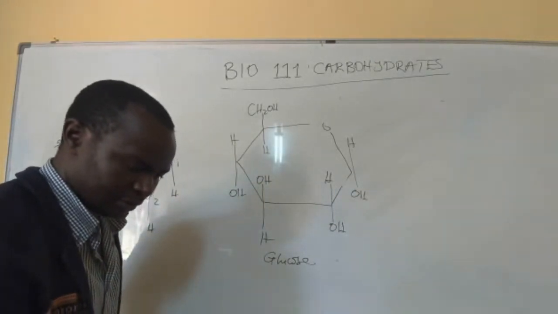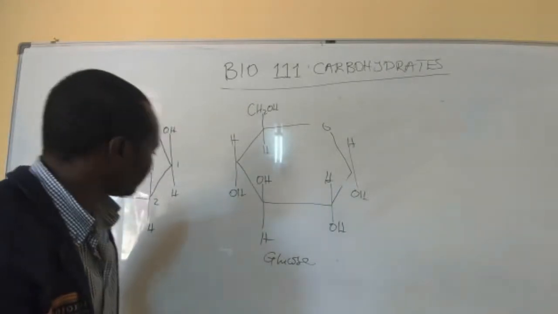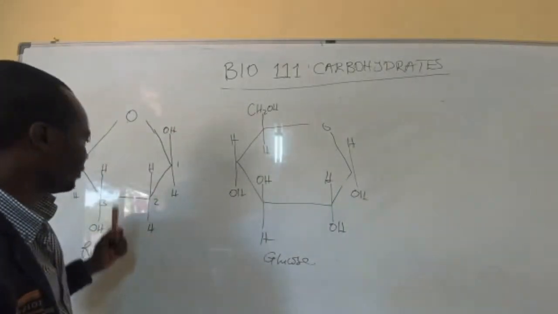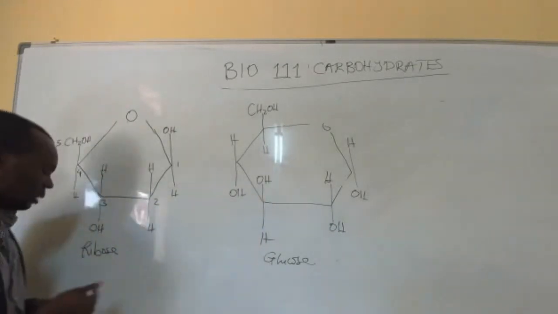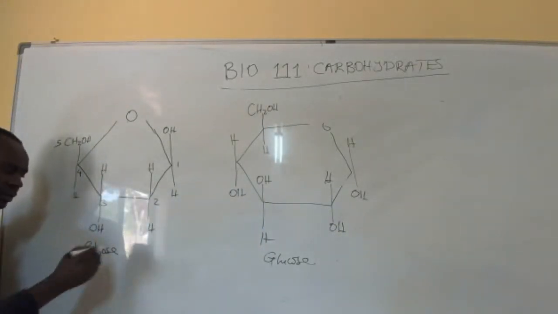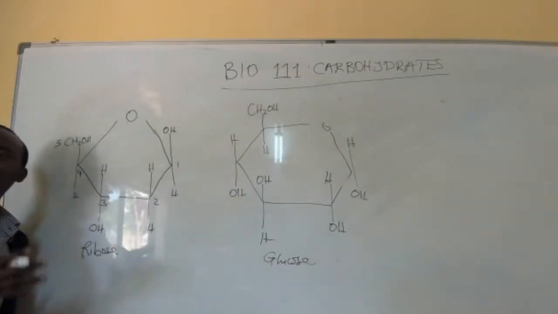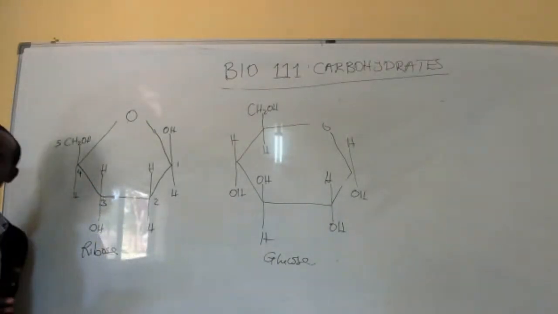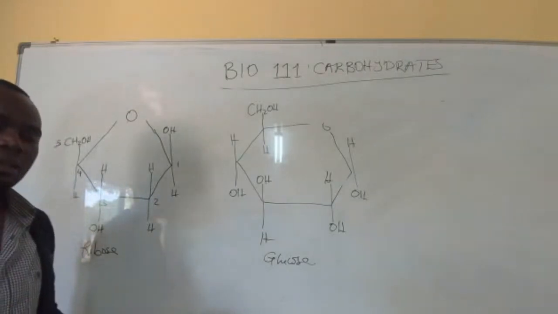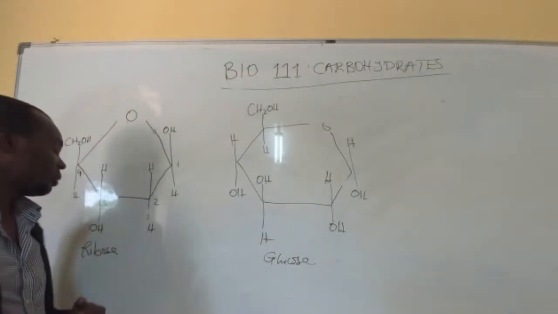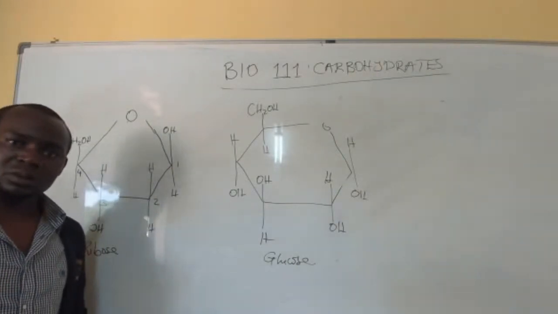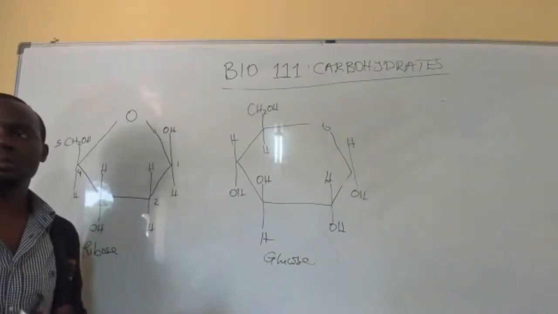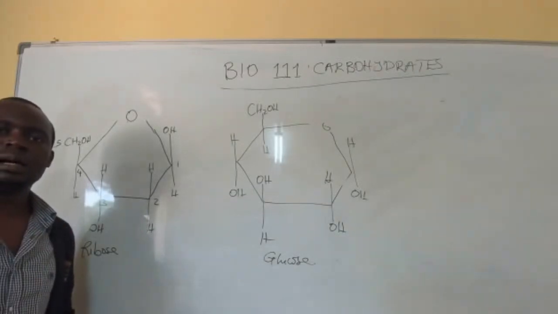Question 5. Now, question 5, I'm sure we'll cover where riboses are found and glucose. So, when we look at ribose sugar and deoxyribose sugar, these sugars are very important. They are very important components of nucleic acids, when you talk about deoxyribonucleic acid and ribonucleic acid, which is your DNA and your RNA.